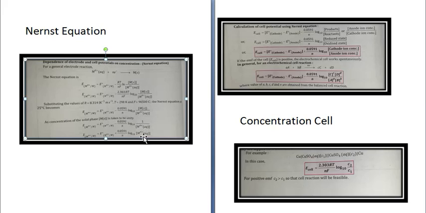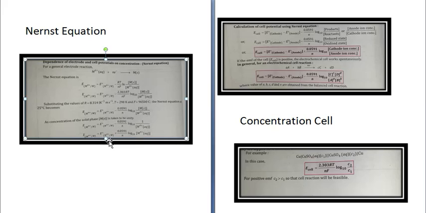So E(Mn+/M) = E0(Mn+/M) plus 0.0591 upon n log to the base 10 concentration of Mn+. You have brought this Mn+ up, so the sign over here will change from minus to plus.